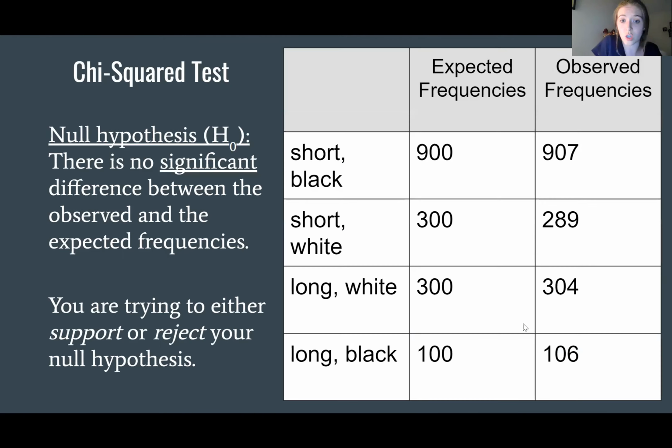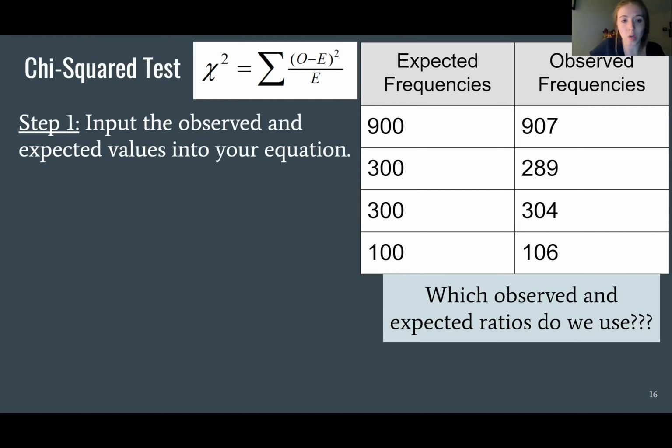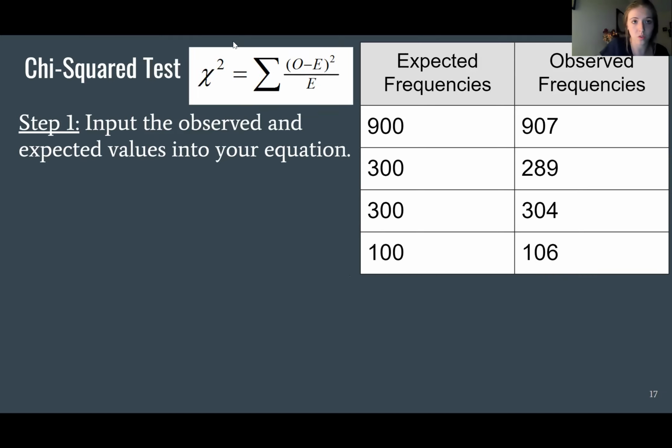Do we use the ratio for the short black rabbits? The short white rabbits? This is why the chi-squared test is so nifty, because you are going to use all of these values.